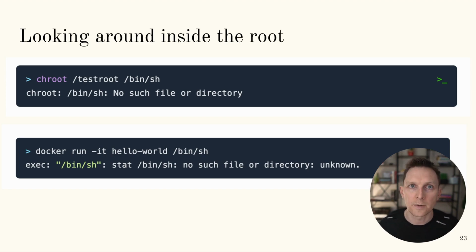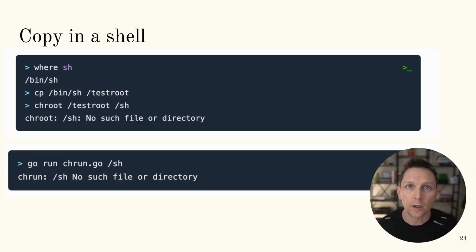No such file or directory. So we're matching Docker so far, bug for bug, right? I mean, it's not really a bug, but naively, the reason this doesn't work is there's no shell inside of my root, right? My container image doesn't have a shell in it, so I can't run a shell, because that hello world is a from scratch container. It just exactly contains what it needs.